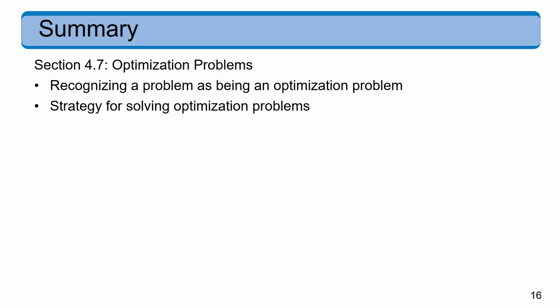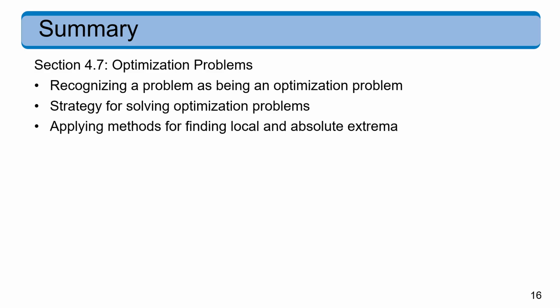Then we covered a strategy. We had 6 steps that can be applied to solving these optimization problems, and we practiced it on some sample problems. And we saw part of this strategy was applying the methods we've learned earlier for finding either local extrema or absolute extrema.